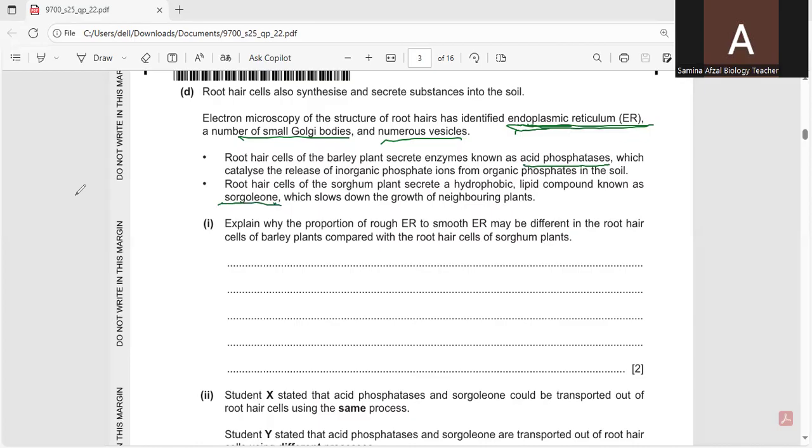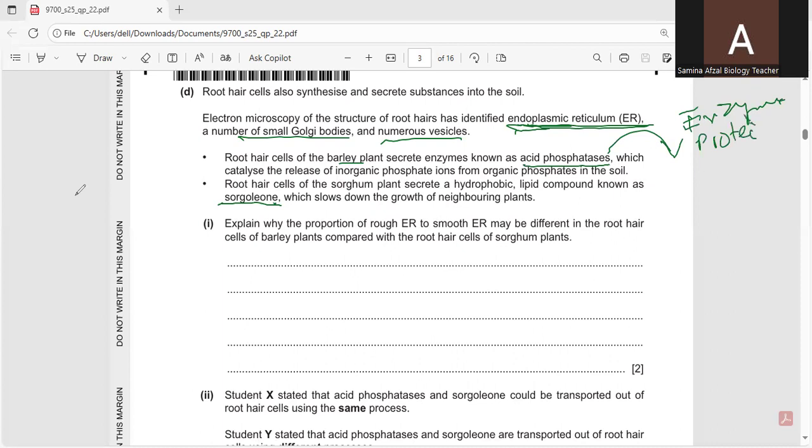Here we have to explain why the proportion of rough endoplasmic reticulum to smooth endoplasmic reticulum may be different in the root hair cells of barley plants compared with the root hair cells of sorghum plants. In barley plants, acid phosphatase is an enzyme, and I have told you enzymes are protein in nature.